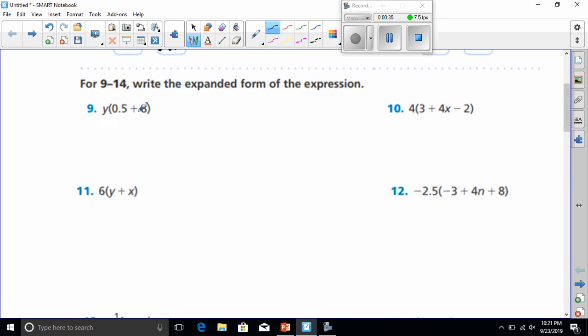Write an expanded form. Well, this is going to be y times 0.5, and I'm going to be adding that to y times 8.